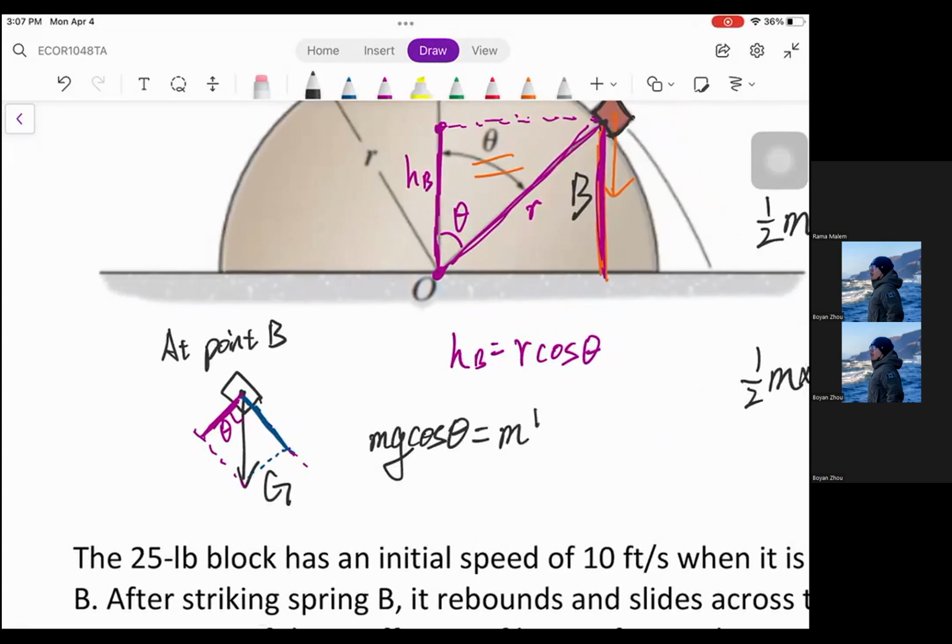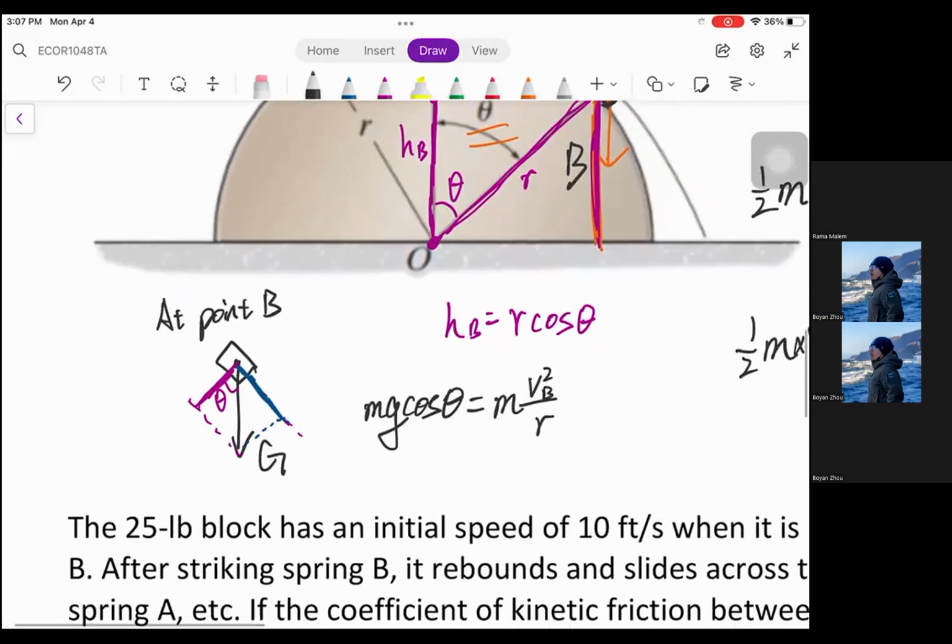So that is mv squared over r, vp squared over r. The r is the small r in this case. So this is another relationship we need. And then we are just going to simplify this equation and get vp.